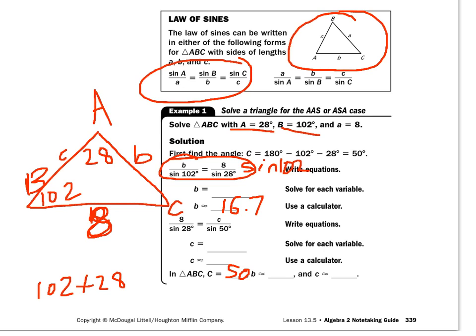And then little c, I can find by using the law of sines again, because I know that C was 50, little b was 16.7. So on this one, I'm going to multiply both sides by the sine of 50 to cancel the sines of 50 out. And I'm going to get c is approximately 13.1.